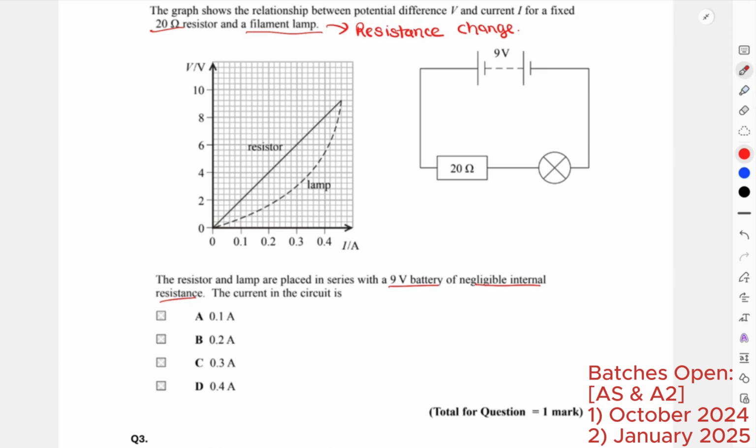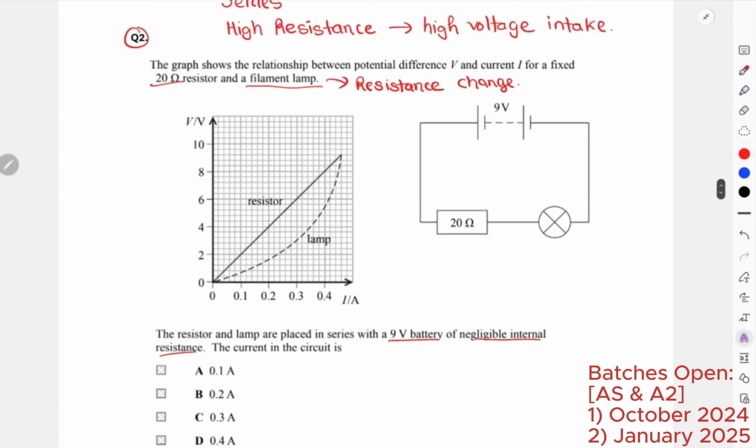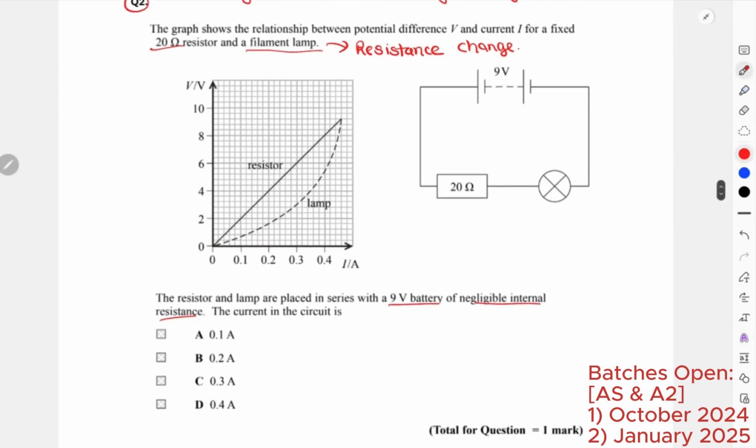You have to always remember that, as the fixed resistor and the bulb are connected in series, this only indicates that voltage is divided between them. Voltage is divided, but we do not know in what ratio because we do not have the resistance value for that filament bulb.